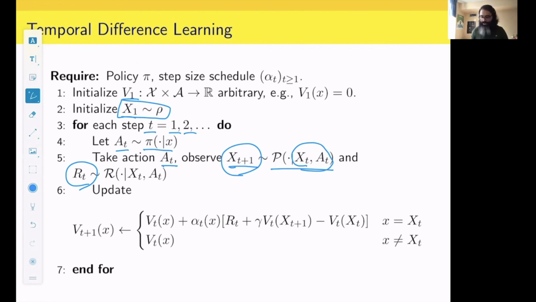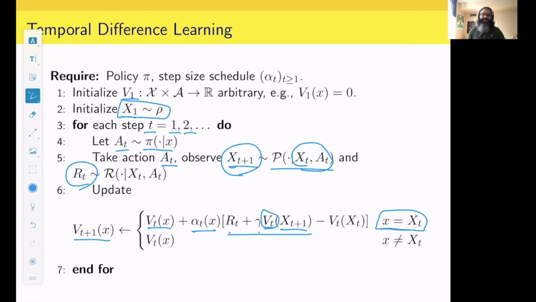So how does it work? For state x equal to x_t, the one that we just observed, V_{t+1} of that state would be V_t plus alpha times this term. What is this term? This is r_t plus gamma V_t(x_{t+1}). So this is the previous value of V evaluated at state x_{t+1}, multiplied by a discount factor and added to the reward.